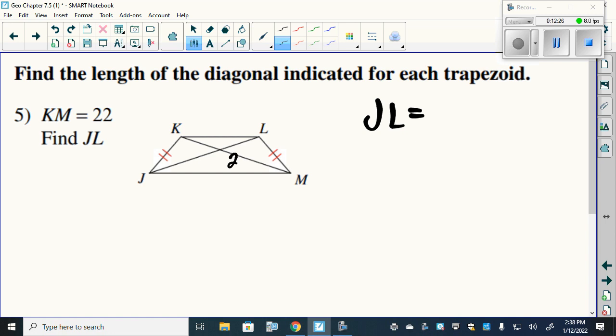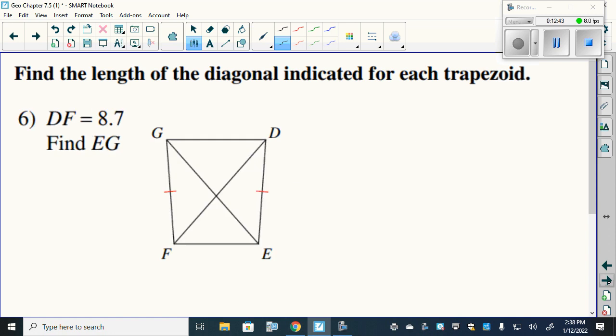KM is 22. It's an isosceles trapezoid, so what is? Because the diagonals are? Because it's isosceles. 8.7, because again the diagonals are congruent.